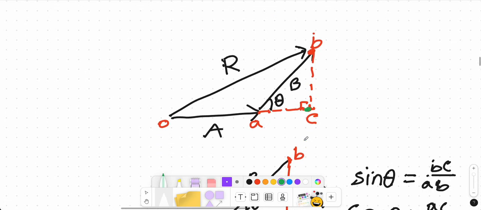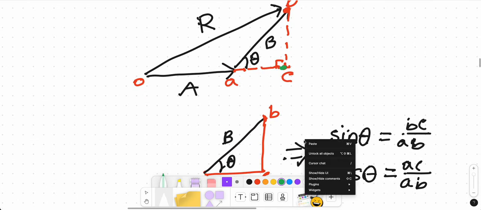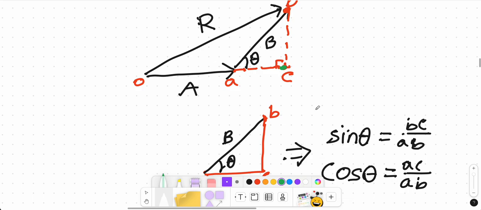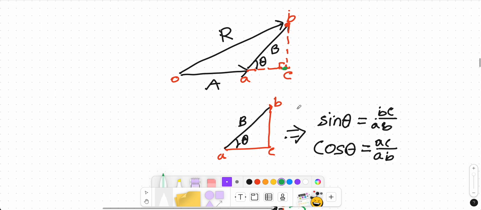Great. Now let me use some trigonometry in the triangle ABC. Look here, in this triangle, sine theta is equal to BC by AB. But you know AB is simply B, that implies that BC is equal to B sin theta.